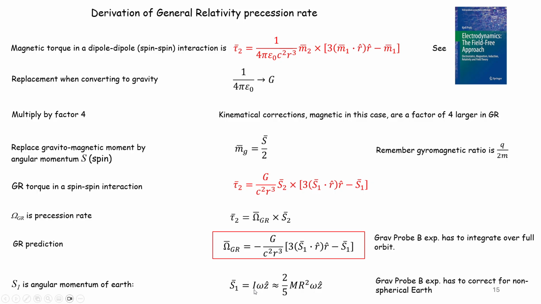This is the moment of inertia, and this is the angular velocity of the Earth spinning. This is the moment of inertia for a perfect sphere. But this experiment has to correct also for the fact that Earth is not exactly spherical. So there are some corrections that have to be done, but that is rather straightforward.